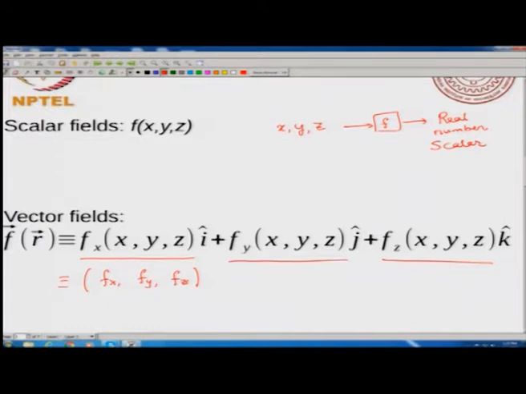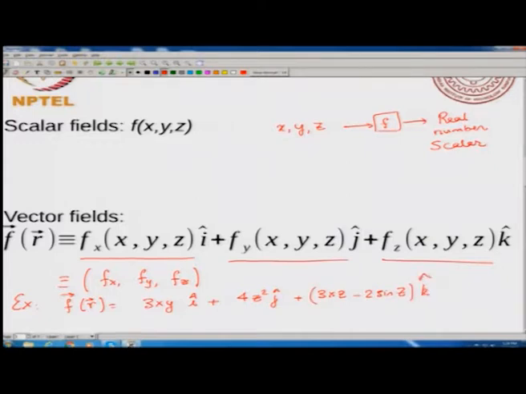So, for example, I can have an example where this vector field equals 3 x y i plus 4 z square j plus 3 x z minus 2 sin z times k.